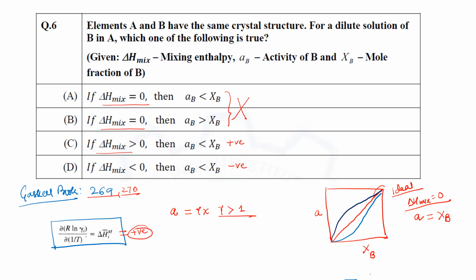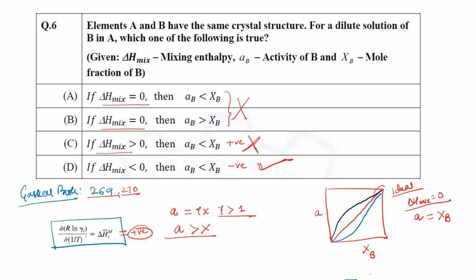Then the activity will be greater than x in the case of positive deviation. What is written here? Delta H mix greater than 0, but A_B is smaller than X_B. So this option is also incorrect. So we are left with option D.